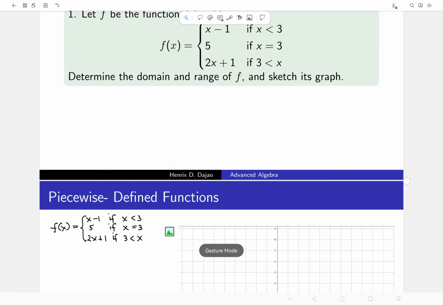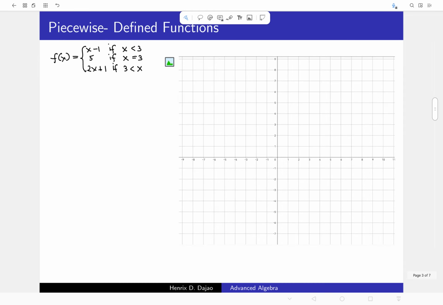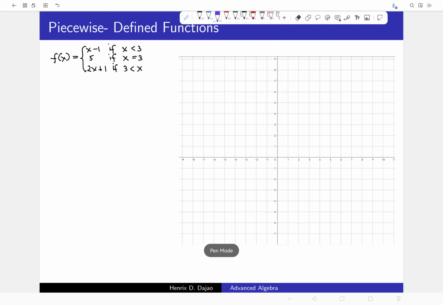So let's try to graph. Remember, we have 3 here as our boundary. Let me draw a boundary here.